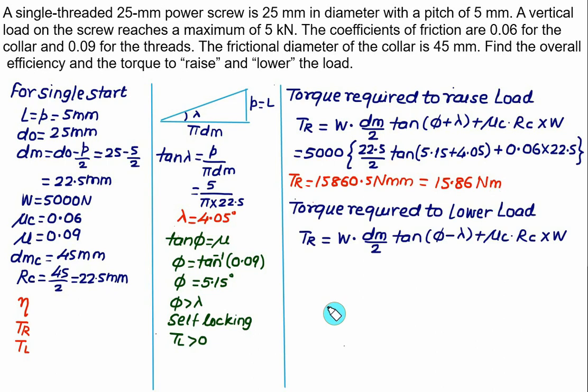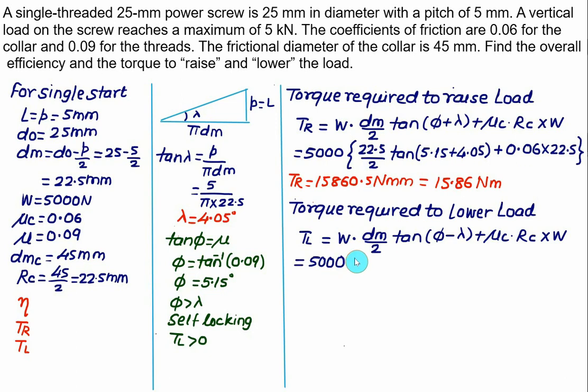The only difference in the calculation of the torque required to lower the load is in the formula: instead of tan of phi plus lambda, you have to take tan of phi minus lambda. The rest of the values remain the same. W is equal to 5000.